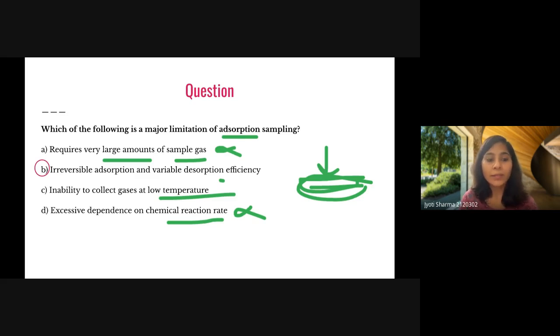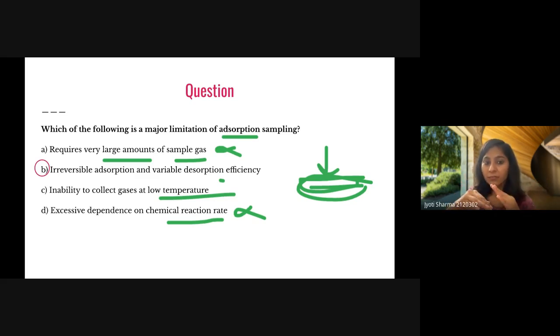Okay, how can gases collected on an adsorbent like charcoal be recovered for analysis? So how can we recover? For example, there is a physical connection between charcoal and air. Then how can we collect our air from that charcoal?